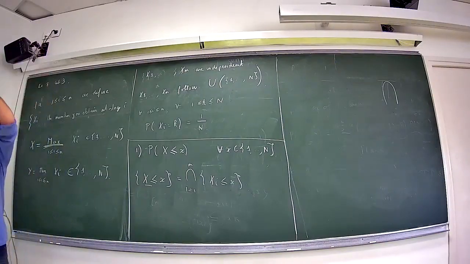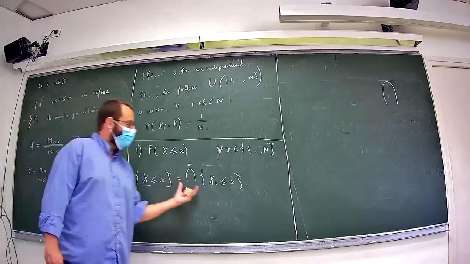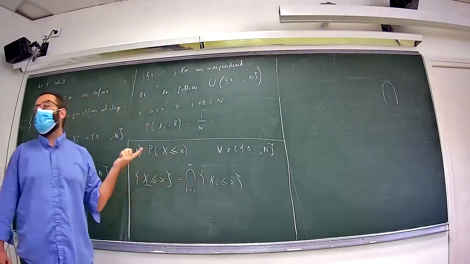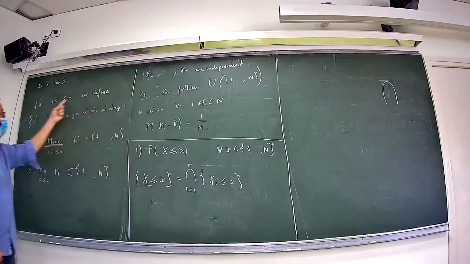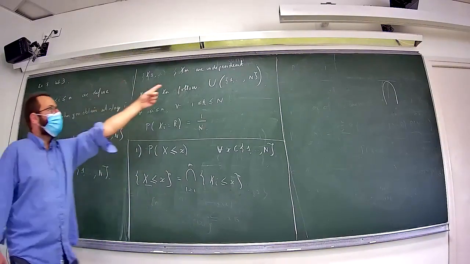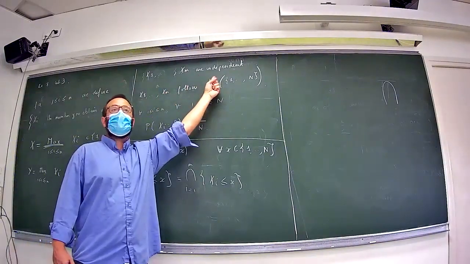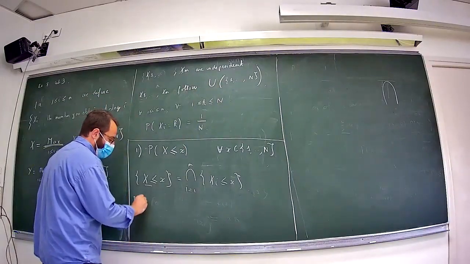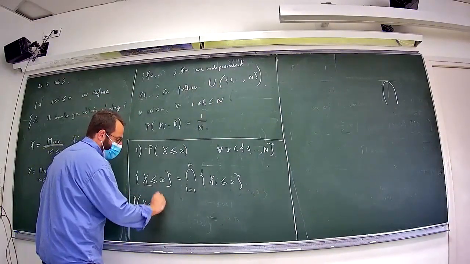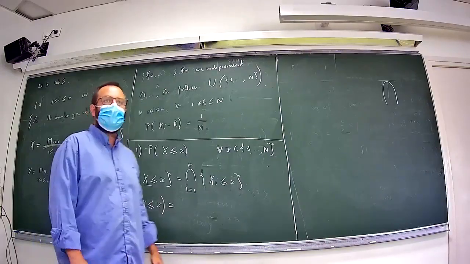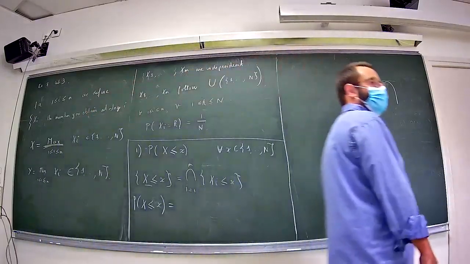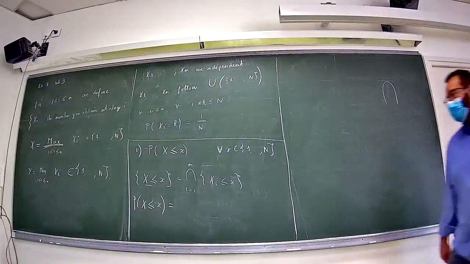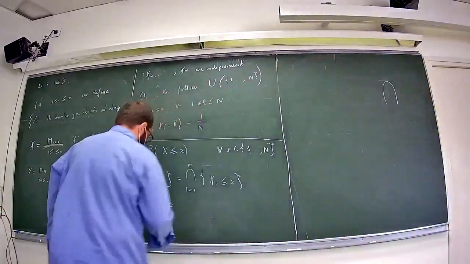So now, as I said, I have an intersection to compute: the probability of an intersection. I am okay to do this when I have independence. So using the independence, the probability I am interested in, the probability of an intersection, becomes the product of the probabilities because they are independent.